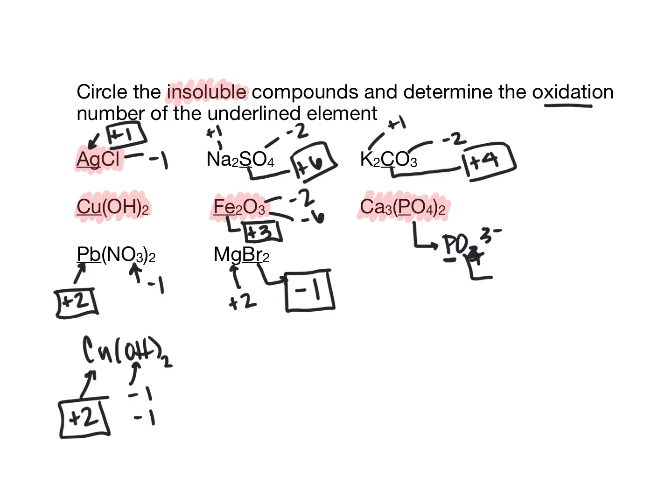For the oxygen, we have -2, and there are 4 of them, so we have a total of -8. We need to leave a -3 charge. Therefore, the phosphorus has to be +5 because +5 plus -8 leaves the 3 minus charge that we need.